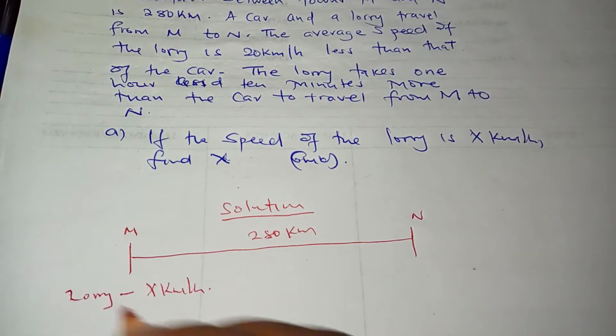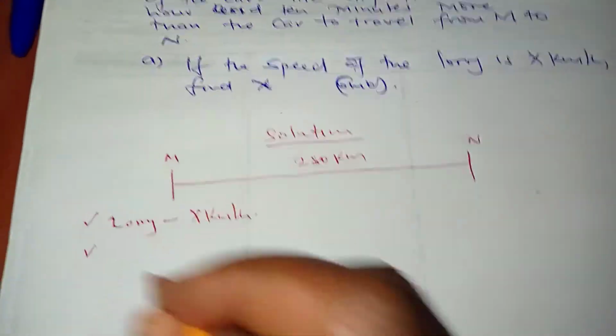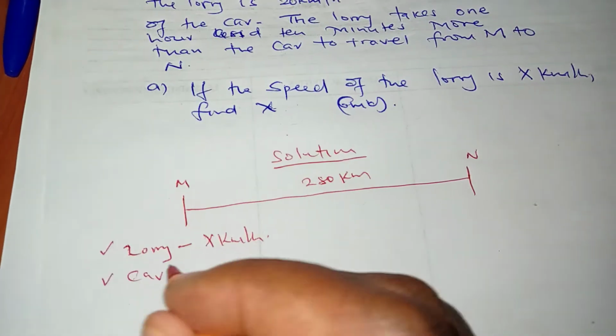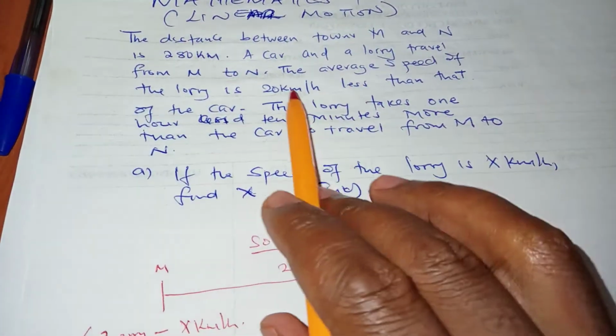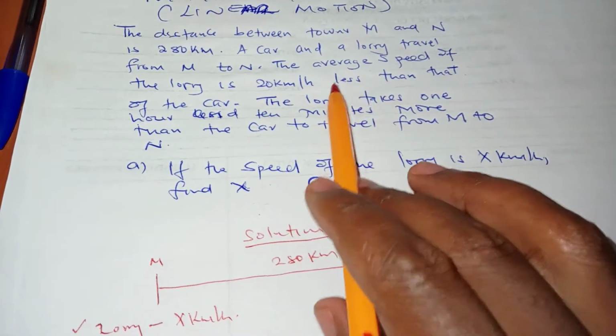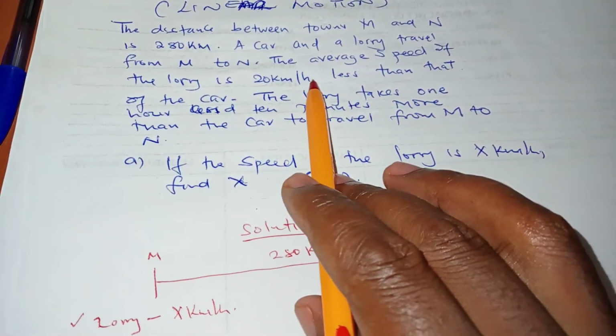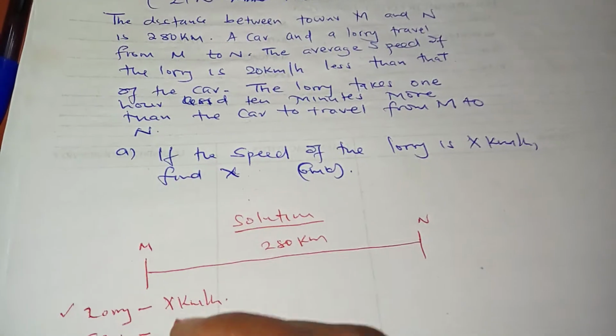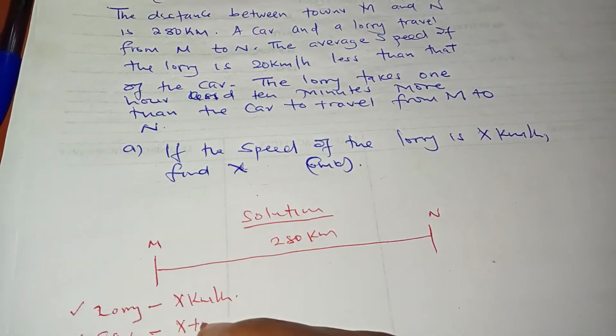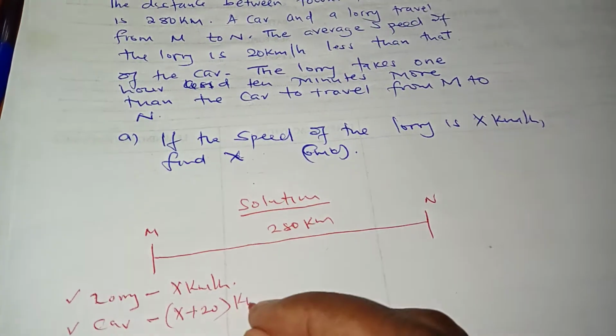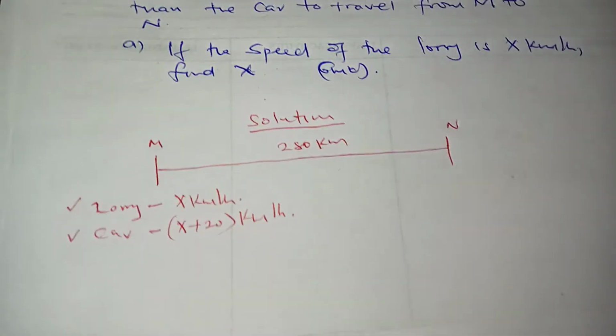That's the speed of the lorry. Then we have the car which is moving at a speed which is 20 kilometers per hour more than that of the lorry. So we take x plus 20 kilometers per hour here, right?